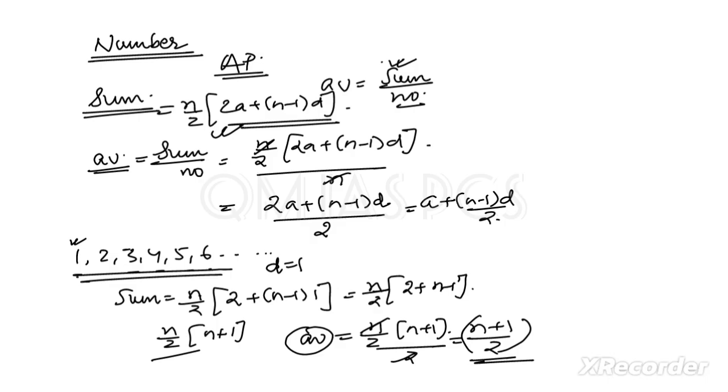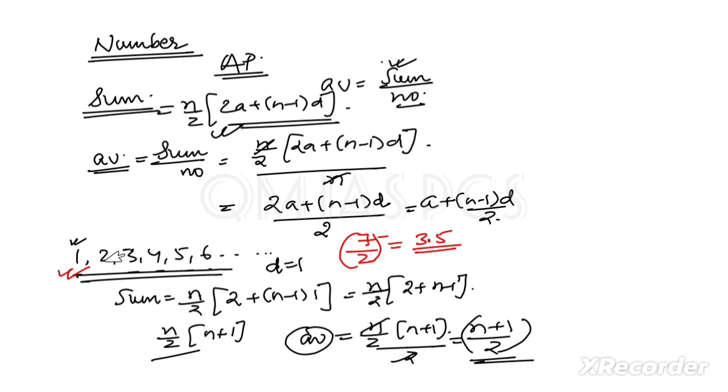Like if we have to find the average value of the first 6 natural numbers, 1 2 3 4 5 6, it will be n plus 1 by 2. That means 6 plus 1, that is 7 by 2, so it will be 3.5.